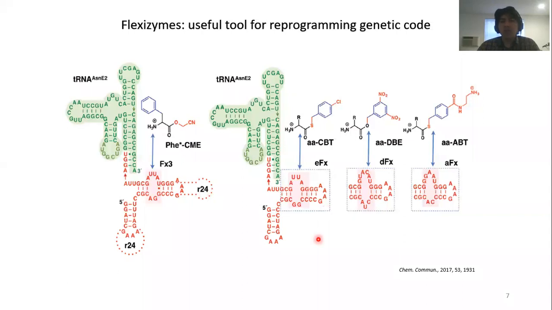You don't want to synthesize something very big that gives you the same efficiency as a smaller thing. But my question is, why are you even modifying this tRNA? I understood you're reprogramming the genetic code, but what is the use of this? Yes, it's a very good question.